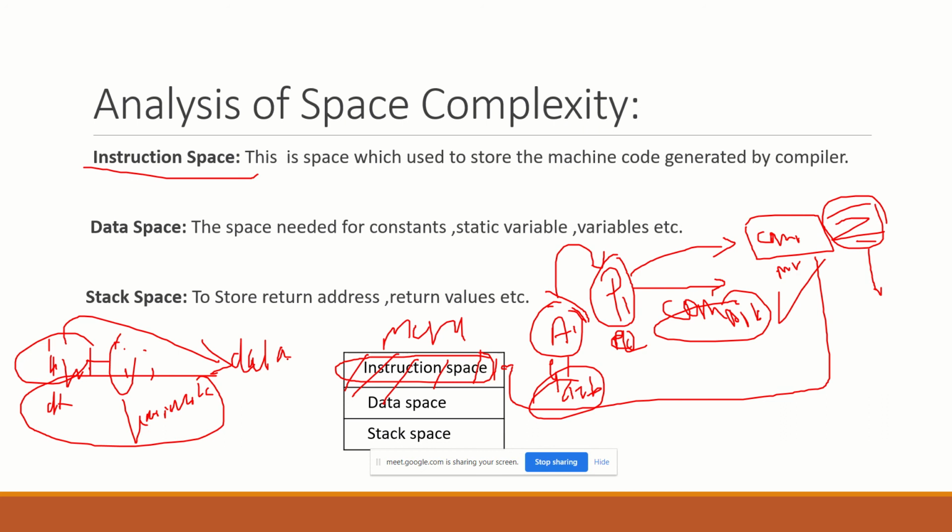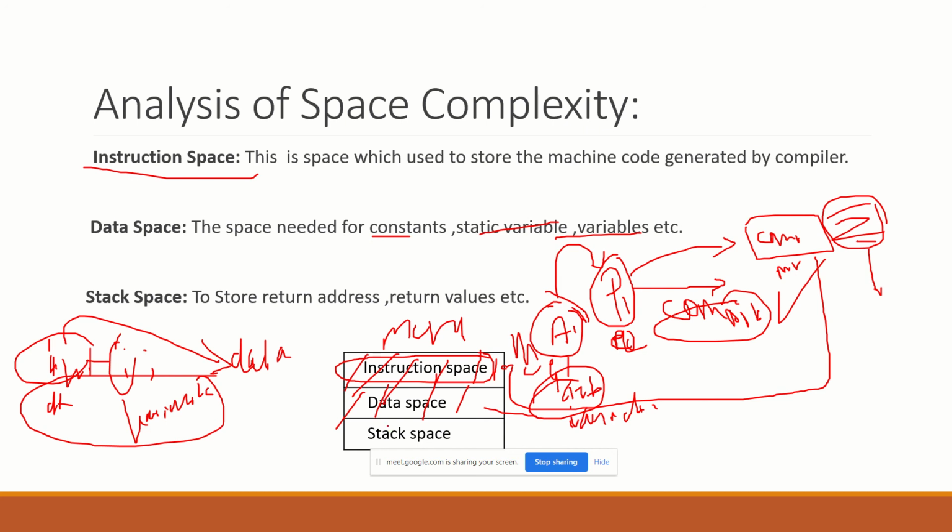What do you mean by value? The value means information itself. Information is referred to as data, no? So for such variables and constants, I have a special space, that is the data space. In instruction space, I am storing machine code. In data space, I am storing variables and constants.